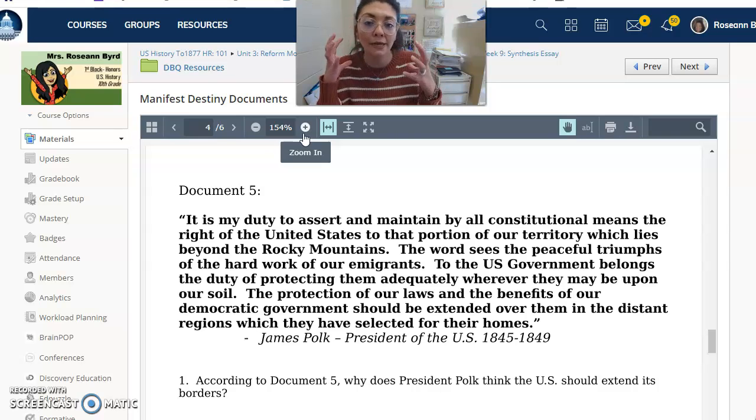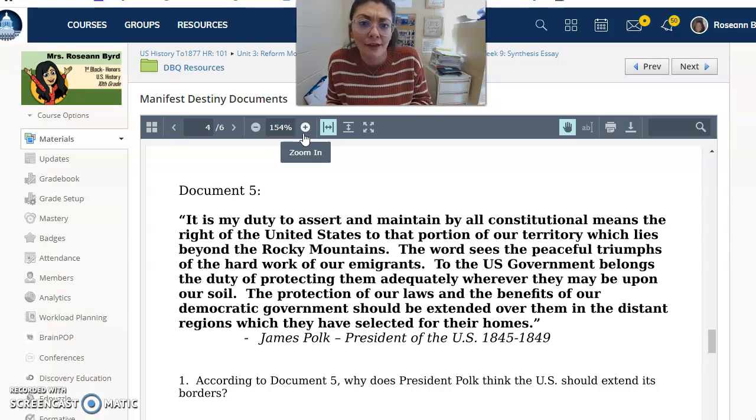Maybe you might say that a cause of Manifest Destiny was the psychology, the way that many Americans thought and believed, the supremacy in their psychology and their belief system. That perhaps was a cause.